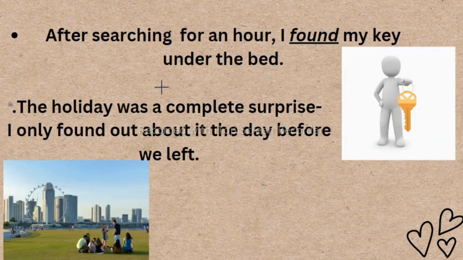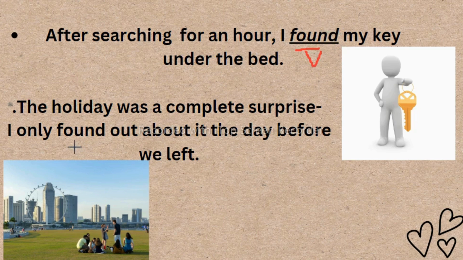Now in this second example, find and find out. What is the meaning of find and find out? The base verb find is used when you look at an object or person. It can be by accident or on purpose. For example, after searching for an hour, I found my key under the bed. So this is the base form, which means to find something, to search for something.